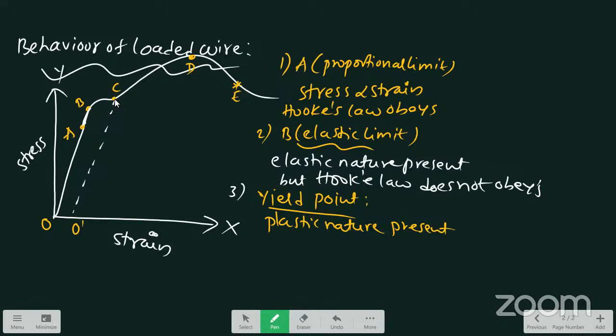That's why you write a single word. First, proportional limit: stress proportional to strain. Next, elastic limit: elastic nature present up to B. Third one, plastic nature present from C point onwards. Yielding starts. Yielding means the wire becomes thin, slowly thin. That is only yielding, student.